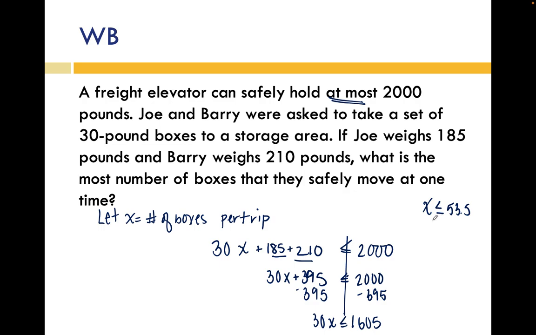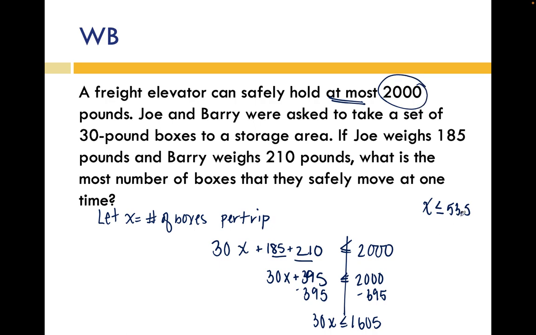Similar to the first example, we obviously can't have a half of a box. However, the difference between the first example and this example is that we do not want to exceed or go over the weight limit.